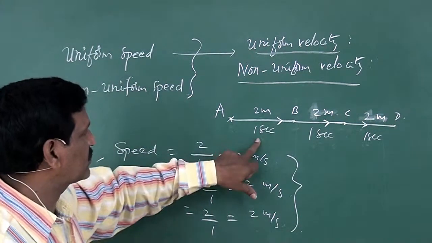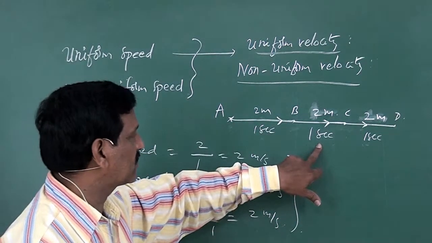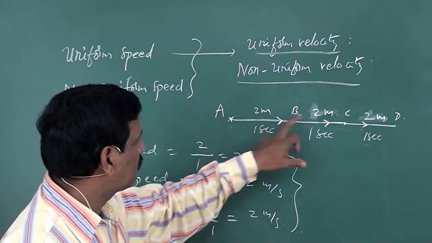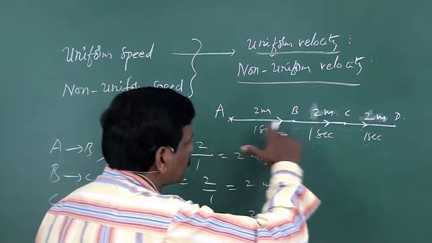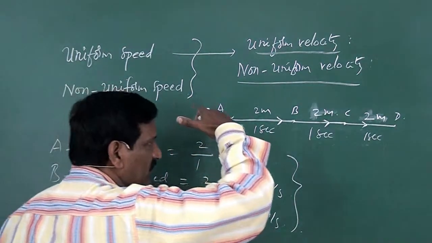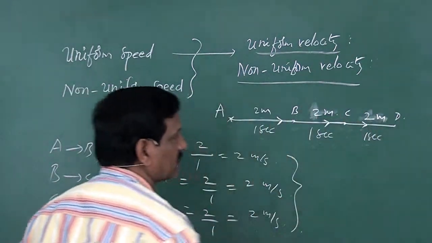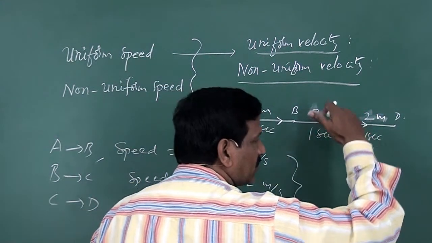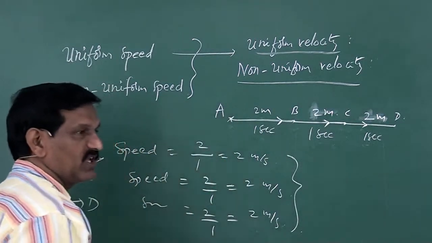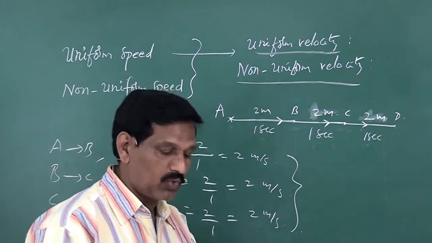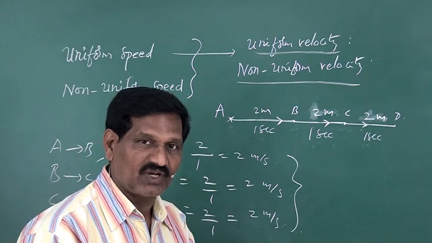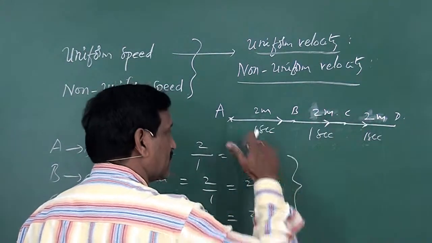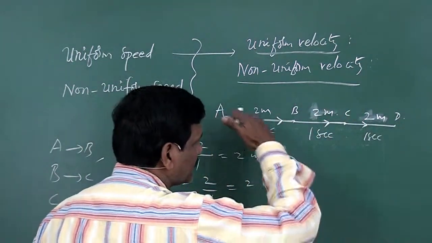So here not only the magnitudes, direction is the same. In the first second it moves in the eastward direction. In the second also the same eastward direction. In the third second also eastward. So displacement is the same when both magnitude and direction are equal. So here 2 meter, 2 meter, 2 meter. Magnitude is same. Direction eastwards, eastwards, eastwards.